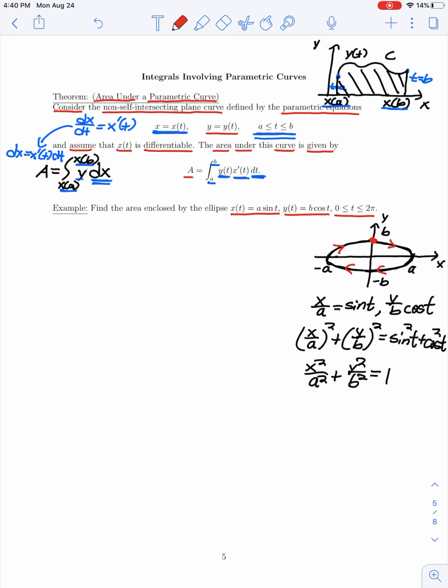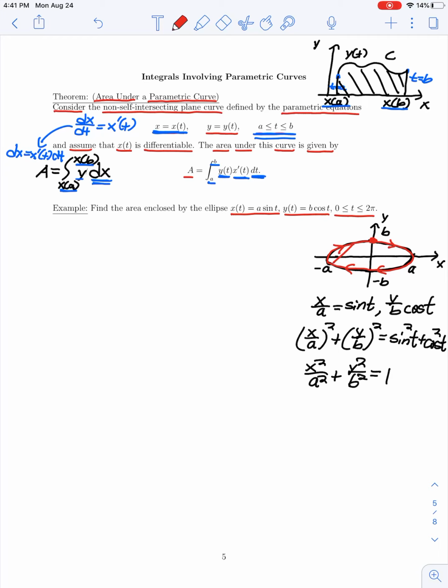As we range from 0 to 2 pi, we make a full revolution about this ellipse, and we end up back at our starting point. So within that interval, the curve is not self-intersecting. It only intersects itself at that same initial and terminal point, but we're not doubling over the curve.